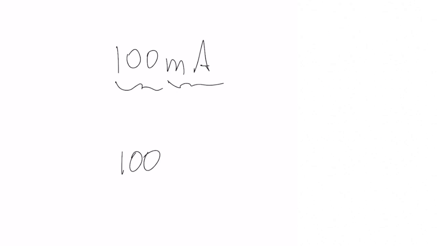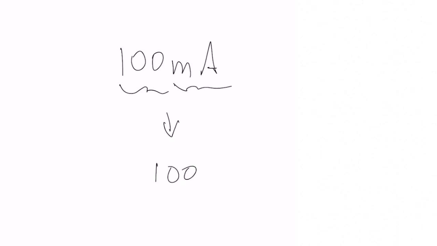Okay, just a real quick review on what the orders of magnitude are and how these unit prefixes work. So let's say you have 100 milliamps of current, right? There are two things here. There's a number and there's a unit, okay? The number is telling you how much. The unit is describing of what. Now, if I want to increase this number by 3 orders of magnitude, I have two ways to do it.